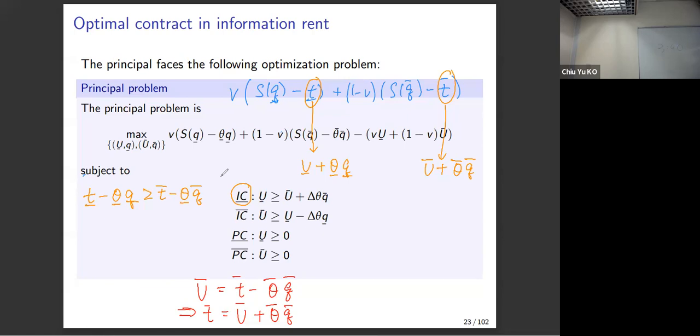So how can you rewrite this to here? Just put that in. Let me do this one because I think it's important.